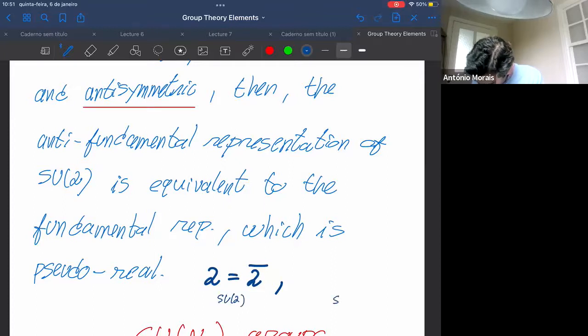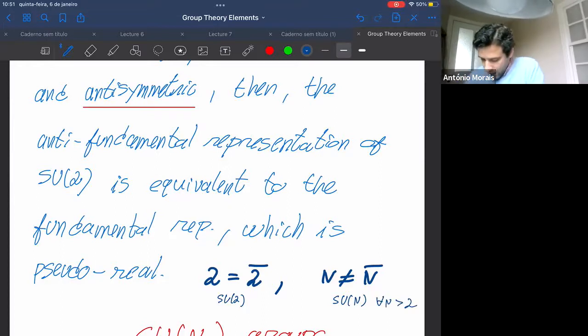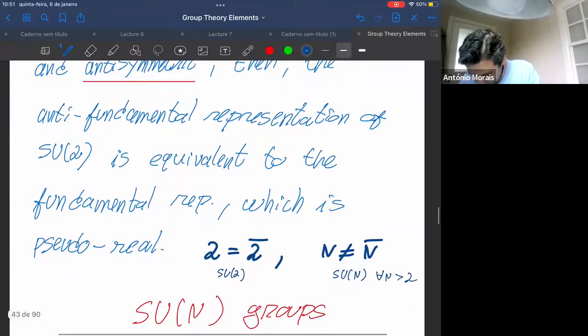But if you are talking, for example, about SU(N), in general, the fundamental representation, which has the dimension of the group, is different than the N dagger here for N bigger than 2. So this is a particular case of SU2.